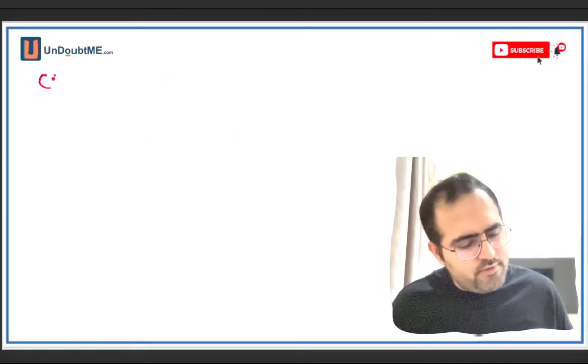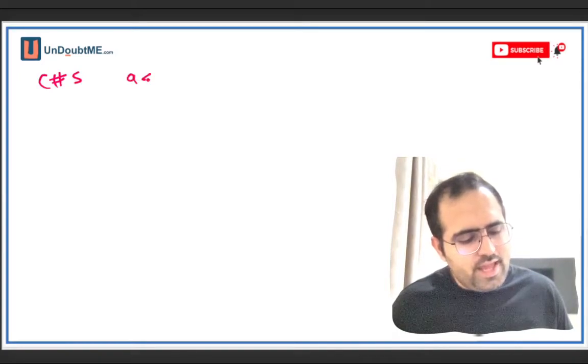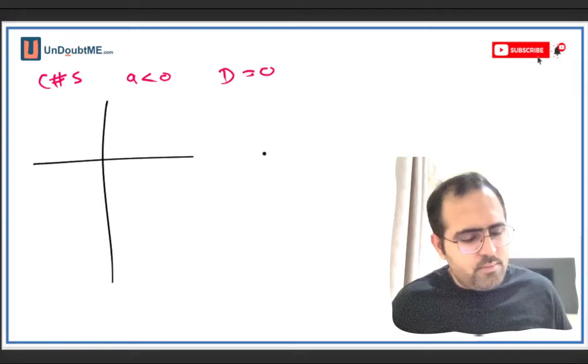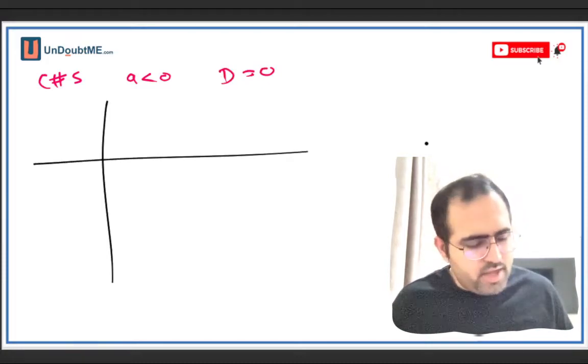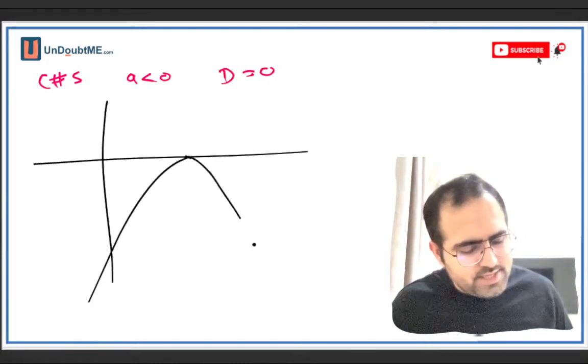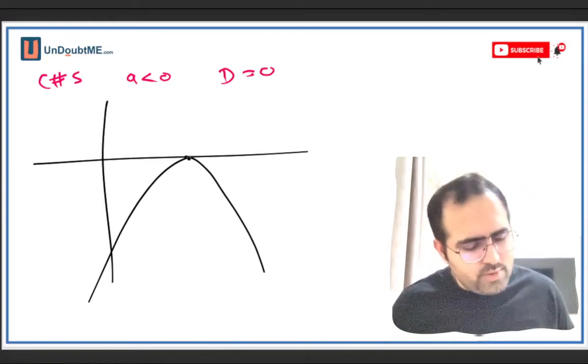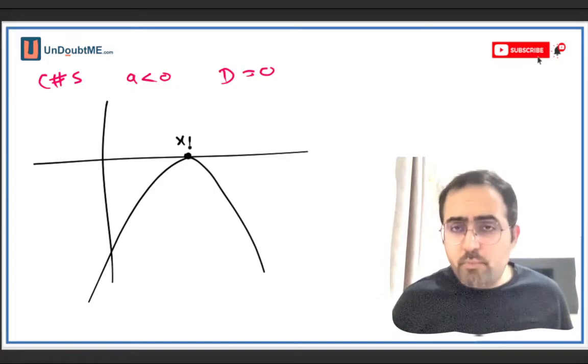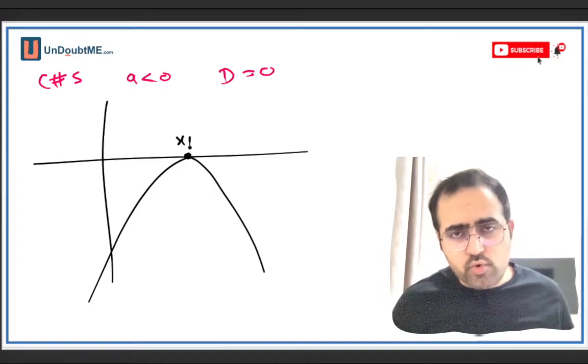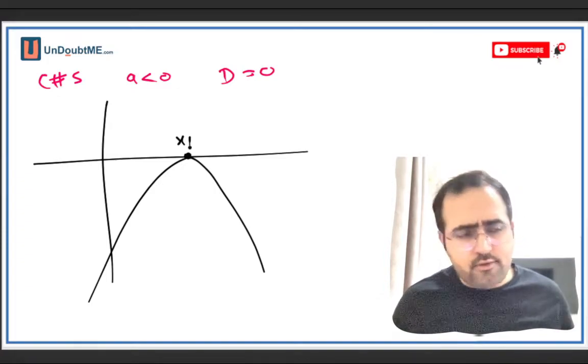Similarly, case number 5 will be a negative, d equal to 0. Go to case number 2 and replicate the same thing. The parabola will be downward, that is the only change. So it is a downward facing parabola. d equal to 0 means it will only touch the x-axis at one point. So this is a case of equal roots, and hence this will be the graph.